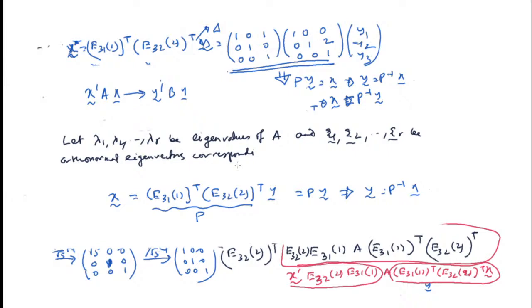Okay, thank you. So next, let lambda 1, lambda 2, lambda r be eigenvalues of A, and xi1, xi2, xi r be orthonormal eigenvectors corresponding to eigenvalues lambda 1, lambda 2, lambda r.